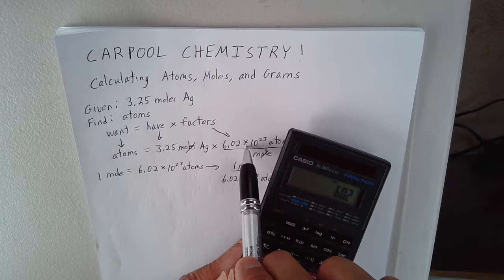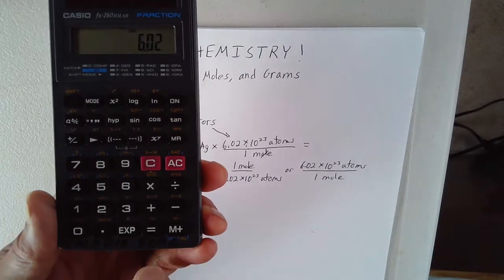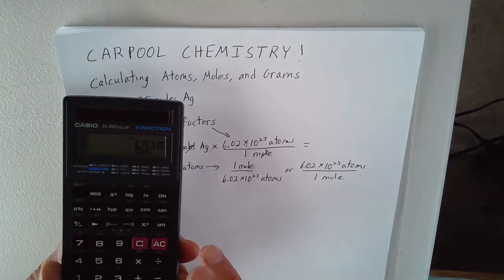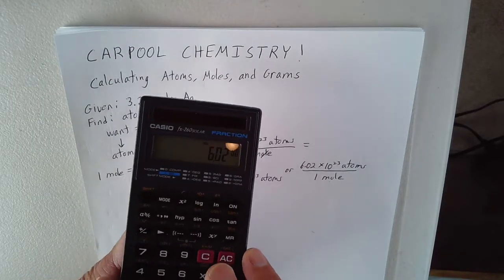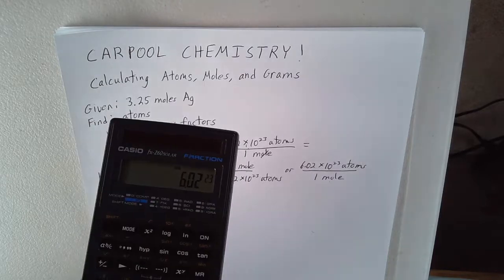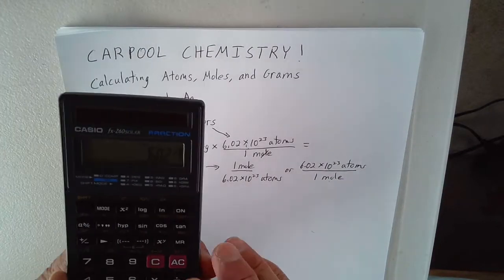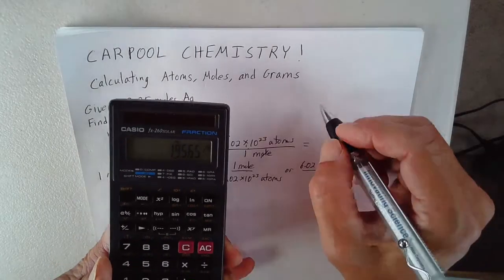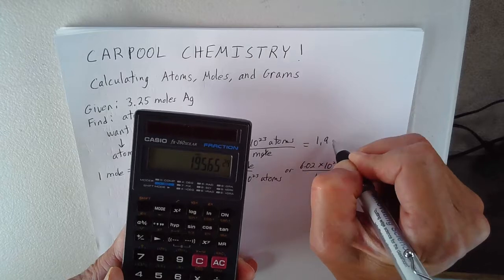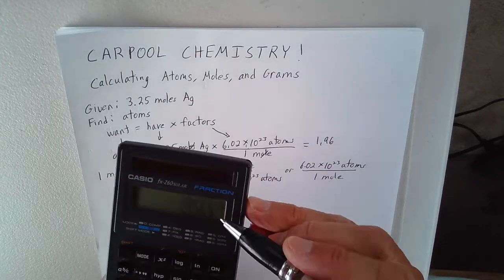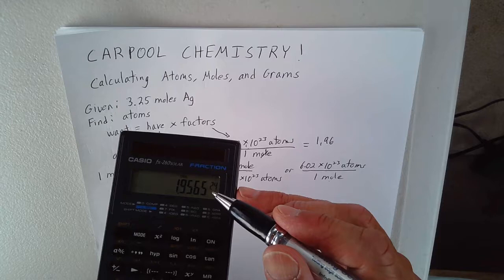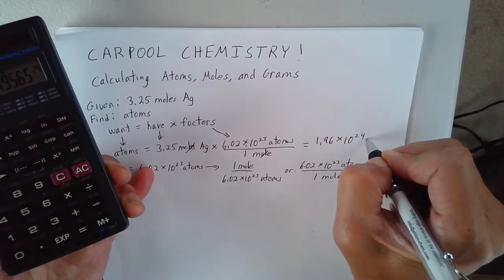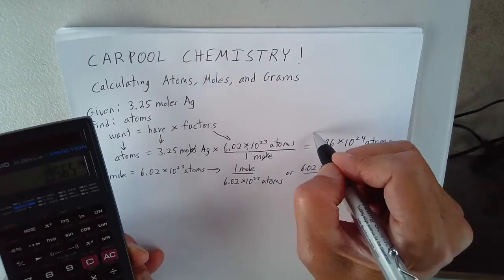Now, instead of pressing multiply, you press this button called EE or EXP on your calculator right over here, and then you go to the 23rd power, 23rd, and then you divide by 1. You press your equal sign, and I come up with 1.96, and we see a 24 up over here, and that 24 means times 10 to the 24th power. And that's how many atoms you have.